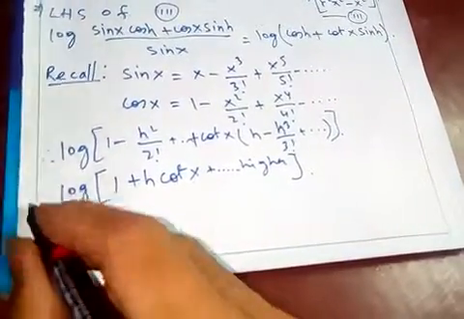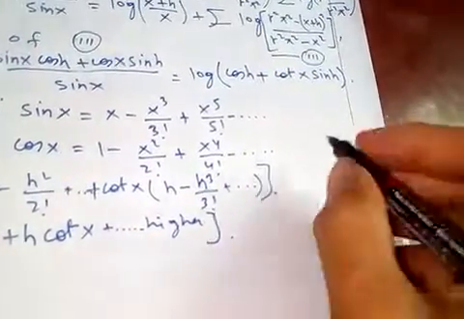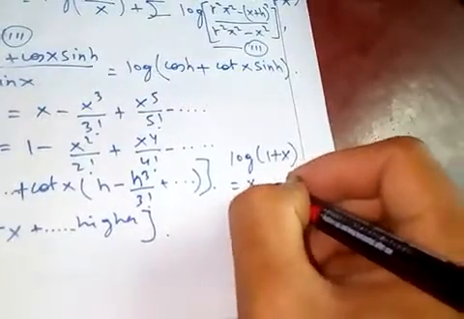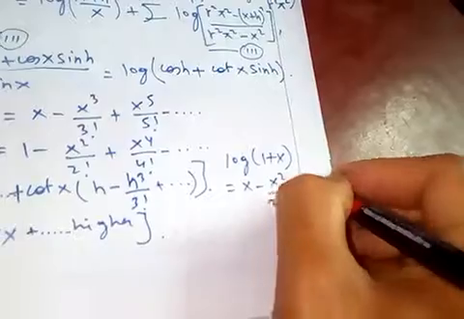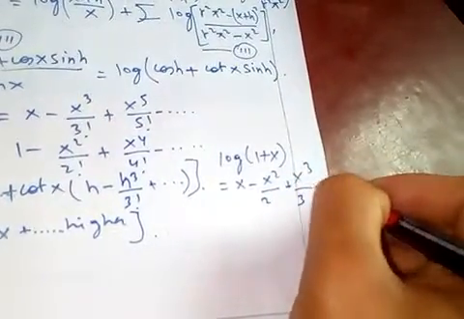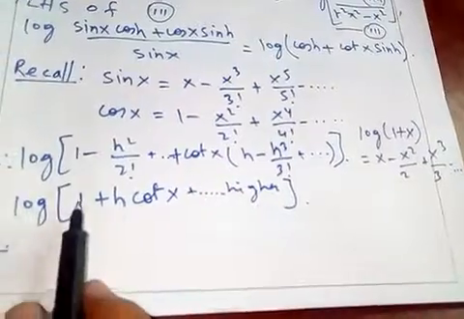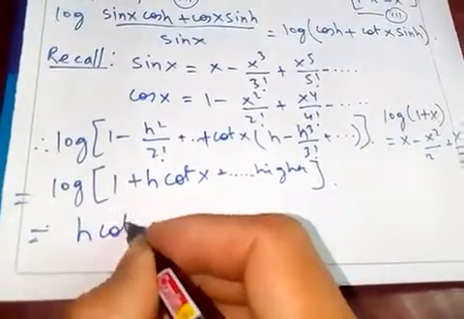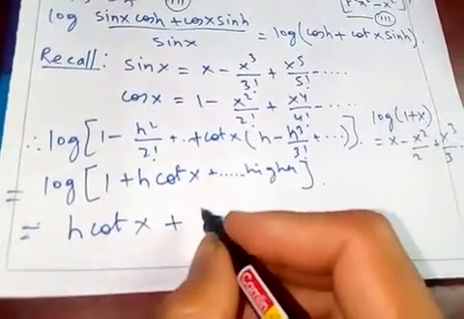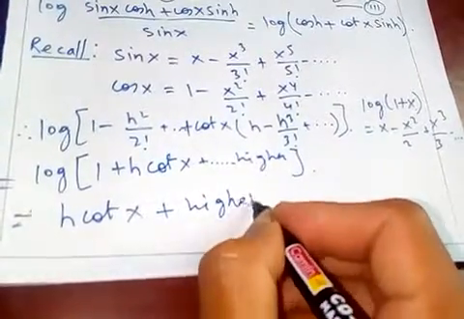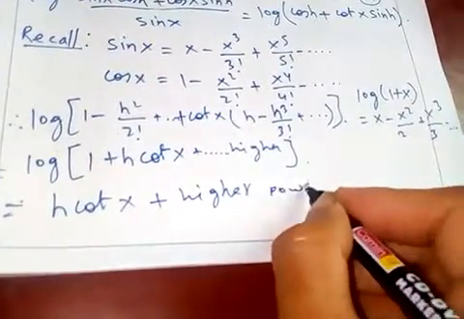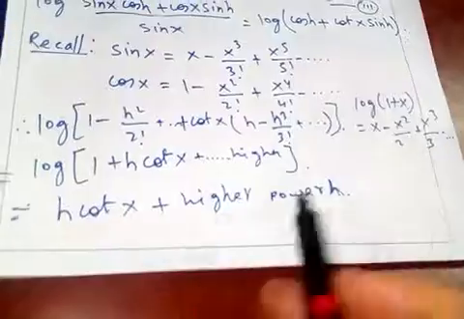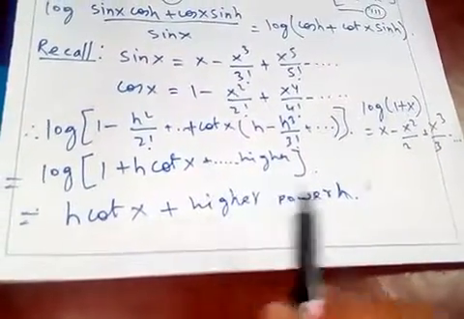We know the log series: log of 1 plus x is x minus x squared by 2 plus x cubed by 3 minus and so on. Applying it here, it will be h cot x plus higher powers, and neglecting the higher powers of h, they will be approximately equal to 0.